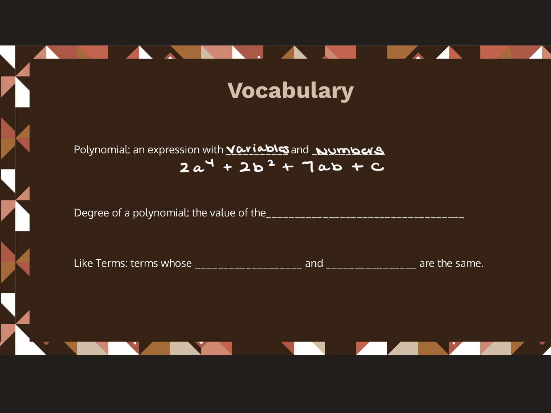The degree of a polynomial is the value of the highest, or we can say largest, exponent. Like terms have the same variable and exponent.